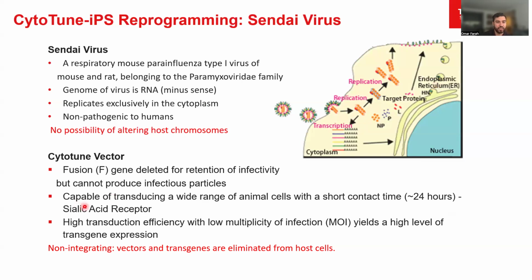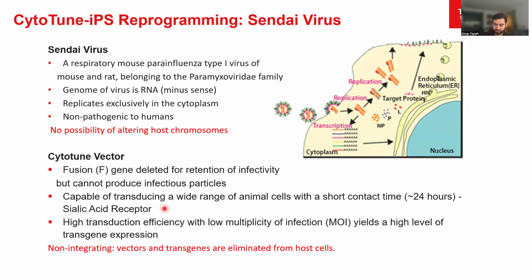As I mentioned, the CytoTune vectors or the Sendai vectors in this case can transduce a wide range of different cell types, and this is because they use the sialic acid receptor as their main mode of transduction, right?